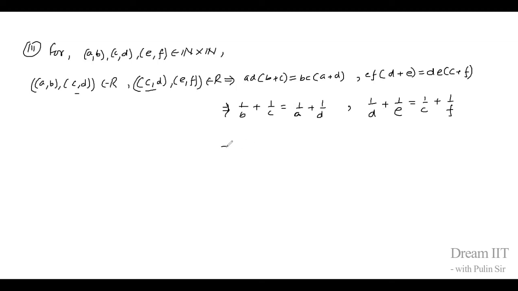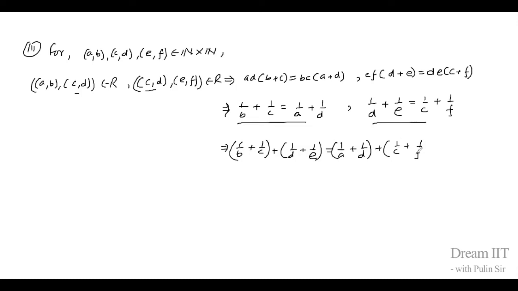So here simply sum these expressions. This expression you add up with this. So if you get that, what will I get? Left side, this is added with 1 by D plus 1 by E, right, will be equal to 1 by A plus 1 by D plus 1 by C plus 1 by F. And now just look for which term will get cut.